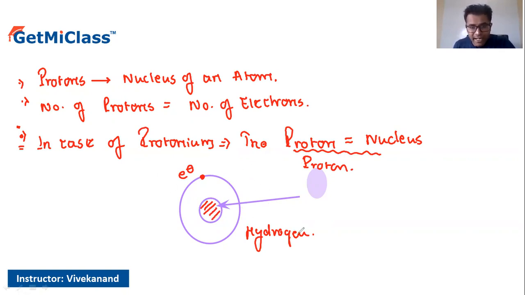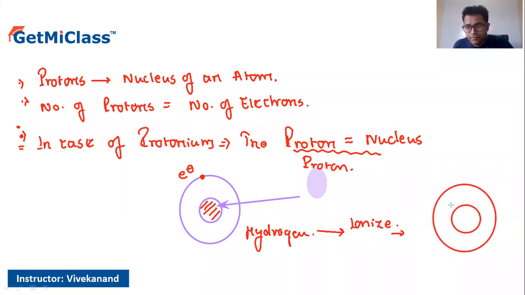Now, if we take this hydrogen atom and ionize it, the hydrogen is going to lose the electron. The electron is going to move away. After that only we call it an ionized hydrogen.